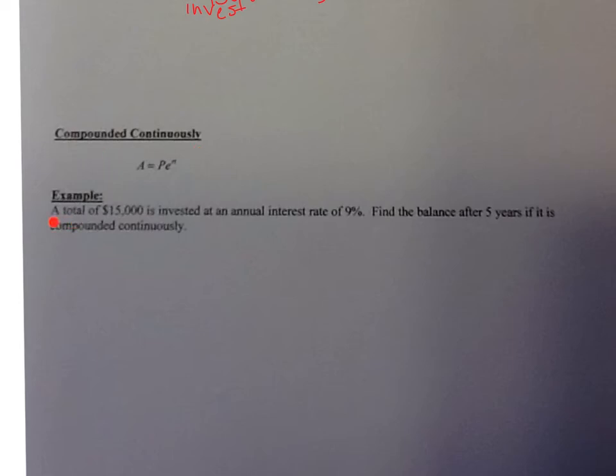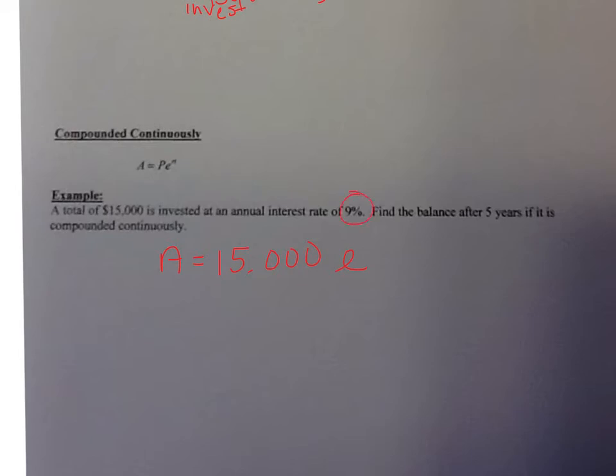So a total of $15,000 is invested in an account at an annual interest rate of 9%. Find the balance after 5 years if it is compounded continuously. So I have A equals my principal, my investment, $15,000, times E raised to the RT power.